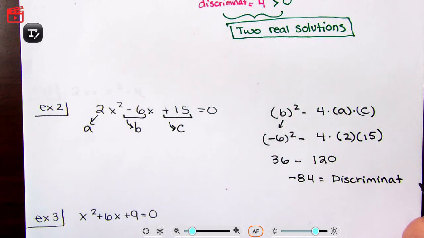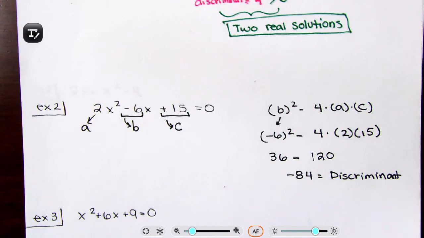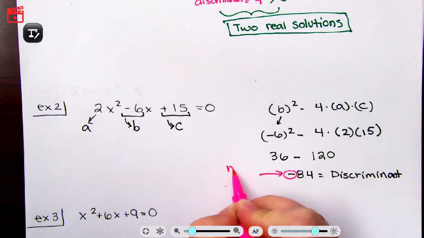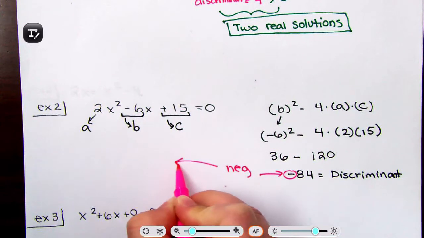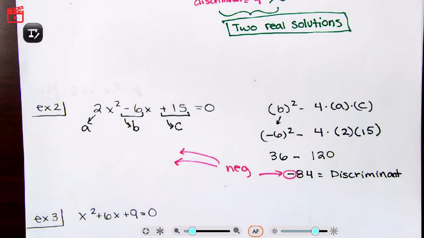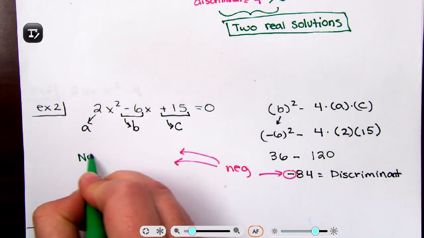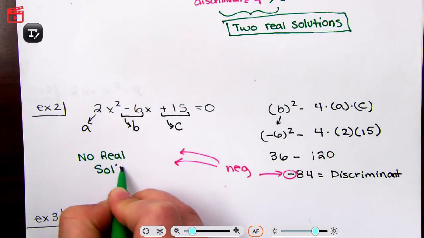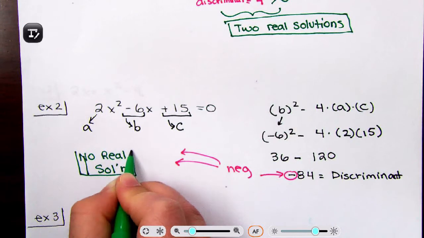And I think I'm forgetting another N in there. Discriminant. 2 N's in there. So since our discriminant is negative, that means our answer is no real solutions. And I'm going to abbreviate solution with a line there.